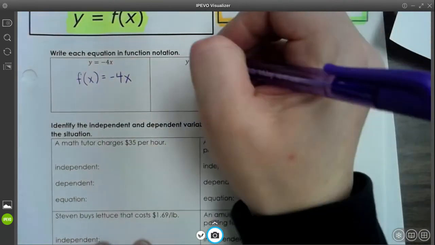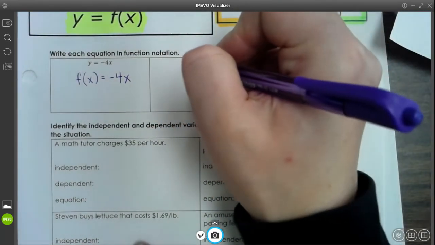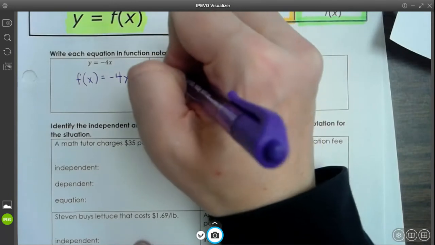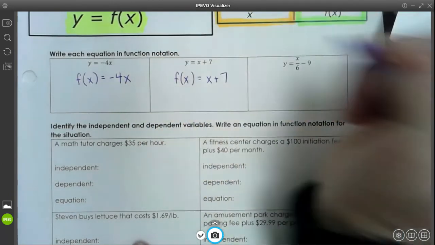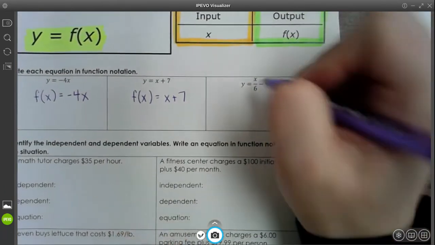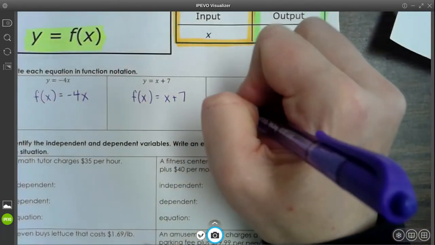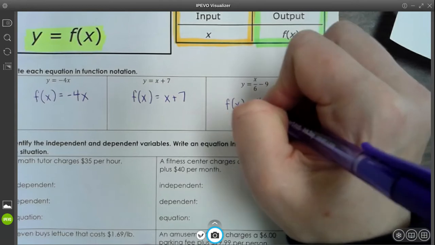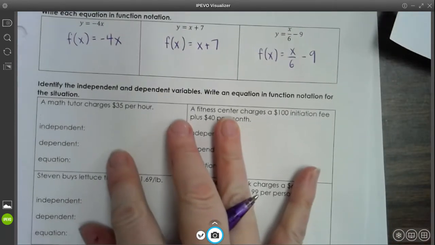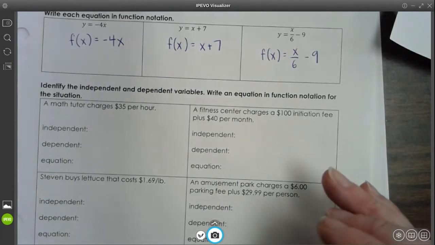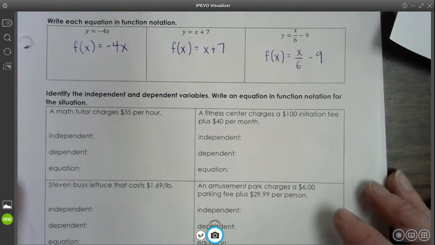That's all function notation is. So here again, if we replace the y with f of x, we're just going to keep the other side the same. And in this one, if I replace the y with f of x, the right side stays the same. Okay, that's all there is to function notation. In place of y, we're just writing f of x.